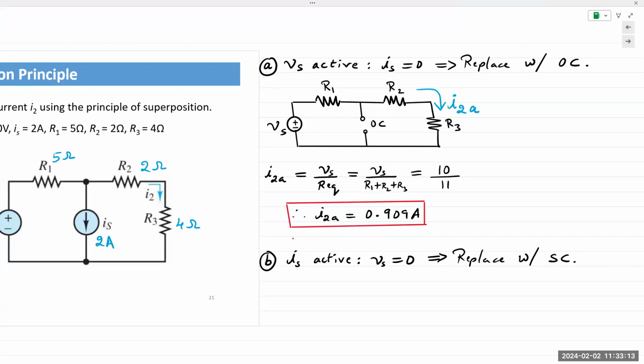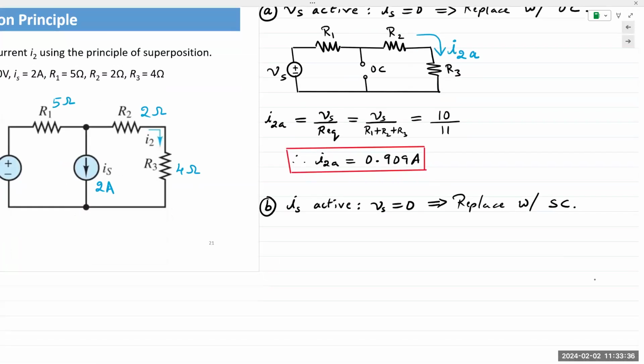Okay, replace Vs with a short circuit. So now my circuit looks like this. And this is very interesting. So let's see.